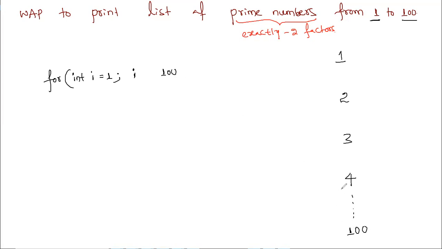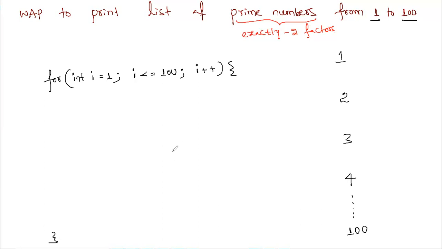All the remaining numbers are less than 100, so I'm using less than, and since we also need to include 100, I'm writing less than or equals as well. Then i++, because each number has to increment by 1 every time. So this is the for loop starting, and somewhere I'll end this for loop.